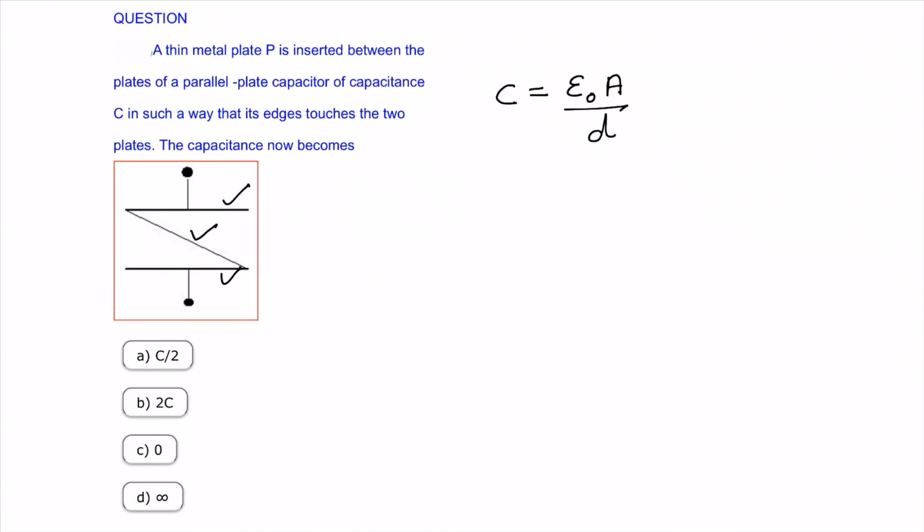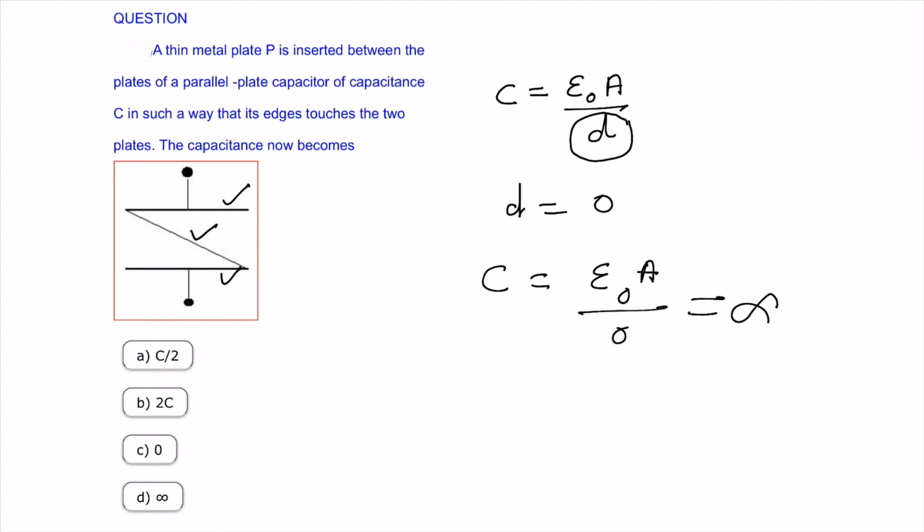So definitely charge can flow from one plate to another. That means no separation between the plates. So d becomes 0, right? So C becomes what? Epsilon 0 A by 0, that is infinity. So option D is the answer.